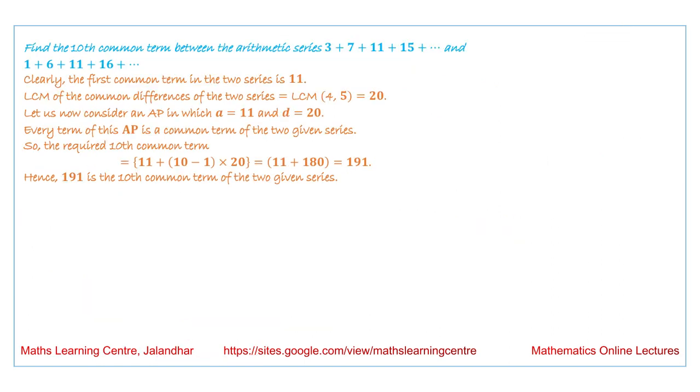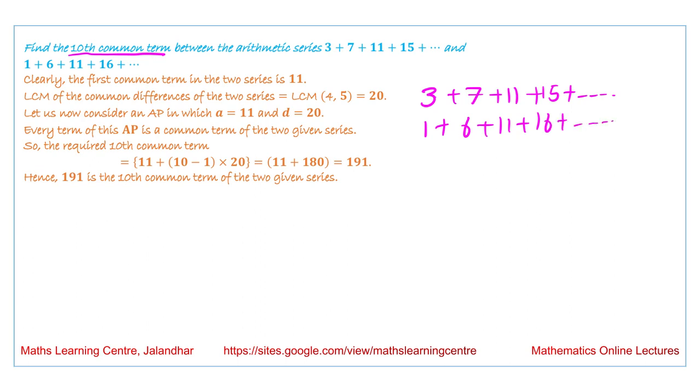Next is, find the 10th common term between the series 3 plus 7 plus 11 plus 15 plus so on, and the second series 1 plus 6 plus 11 plus 16 plus so on. Now the first common term we have is 11.